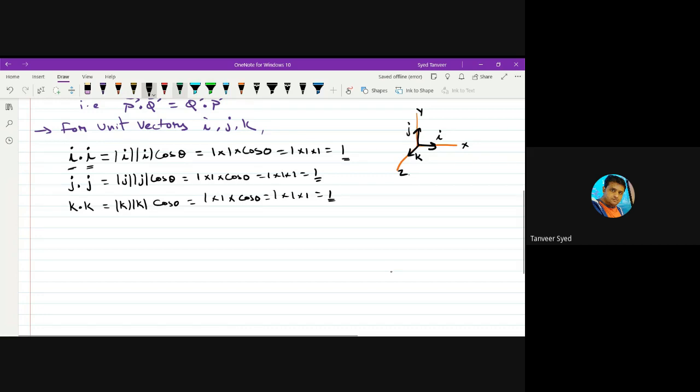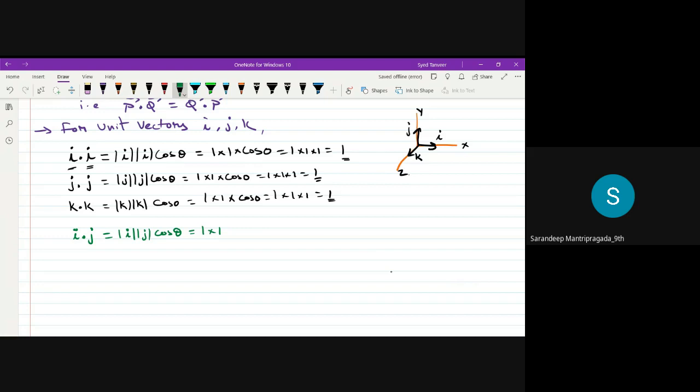Now I will do I dot J. As per the definition of dot product, I dot J is magnitude of I, magnitude of J, cos theta, the angle between I and J. Magnitude of I is 1. Magnitude of J is also 1.